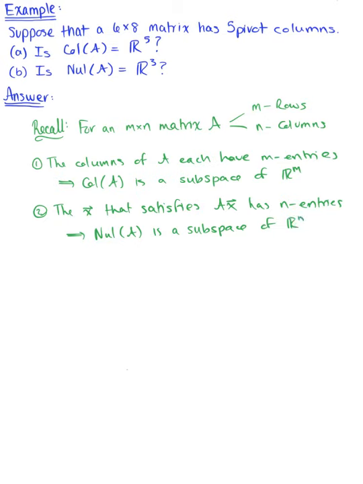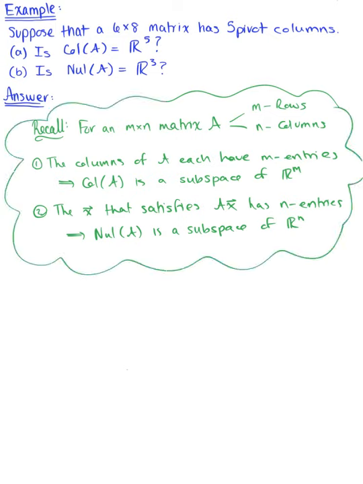So we'll want to keep this theorem in mind as we logically work our way through these two parts. So part A: is the column space of matrix A equal to R5?